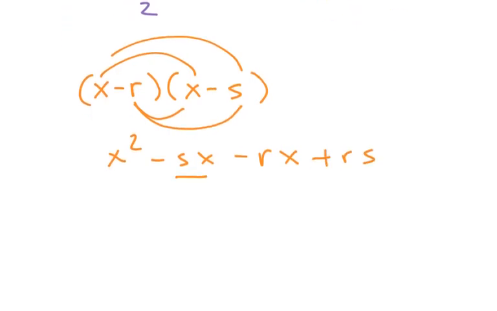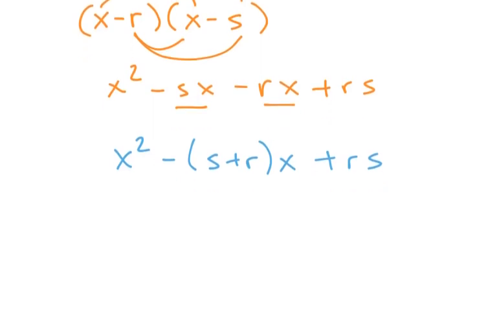And we can factor out an x here, and we'll get x squared minus s plus r times x plus rs, right?